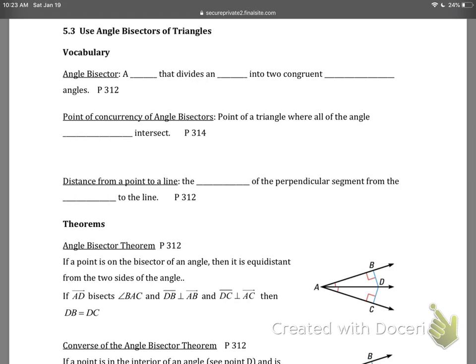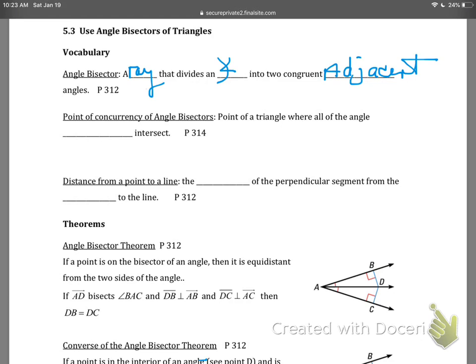An angle bisector is a ray, so we should write the word ray right here. It's a ray that divides an angle into two congruent adjacent angles.